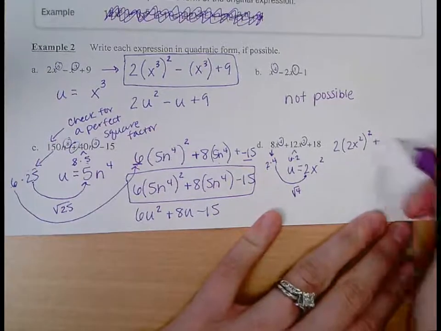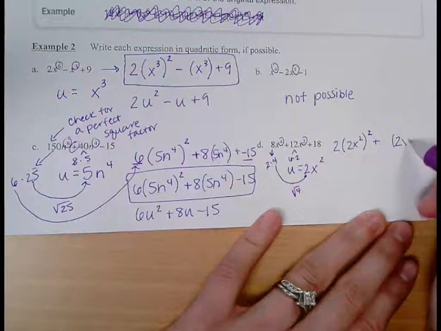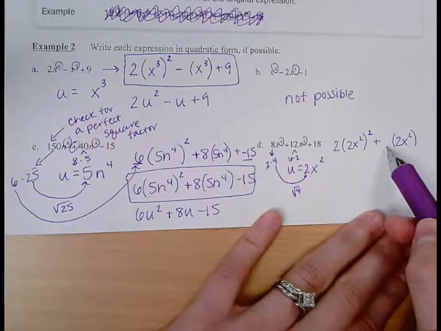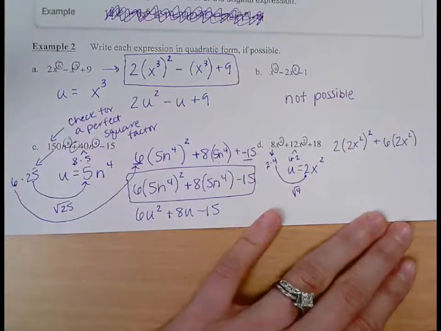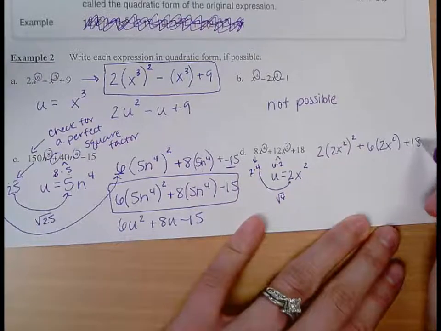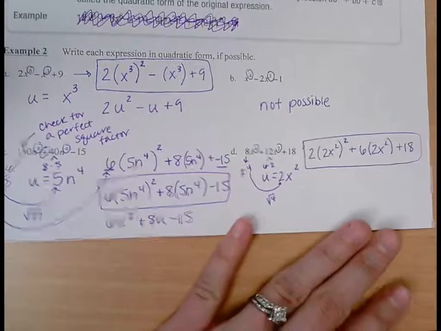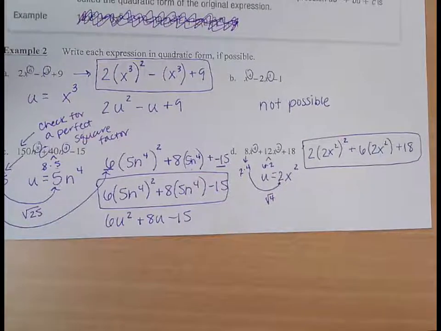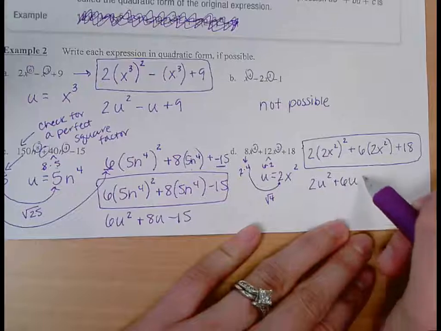And then I have plus, for the middle term again, in parentheses, I'm going to have u of 2x squared. What number goes on the outside for the middle term? 6. The 6 times 2 gives you the 12, and then the plus 18 just stays. So this is the quadratic form. If I actually replaced the 2x squared with u, I would have 2u squared plus 6u plus 18.